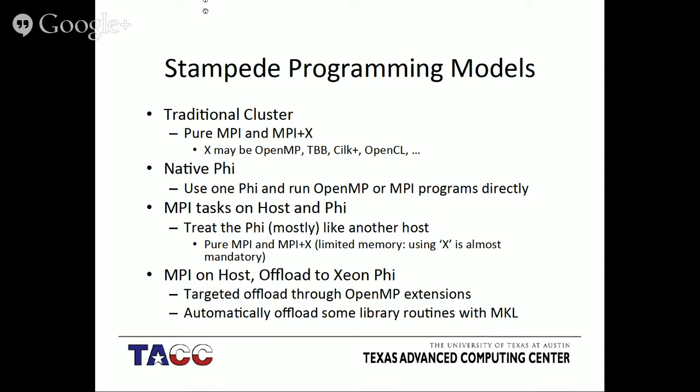So in GPU speak, you launch a kernel on the GPU, and in Xeon Phi speak, you offload parallel work to the Xeon Phi. And what this mostly means is that if you have an OpenMP code, you offload OpenMP parallel sections to the Xeon Phi.